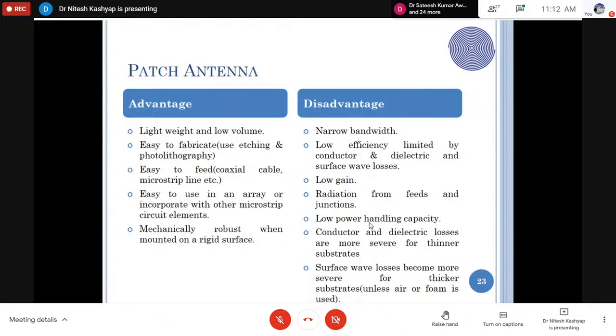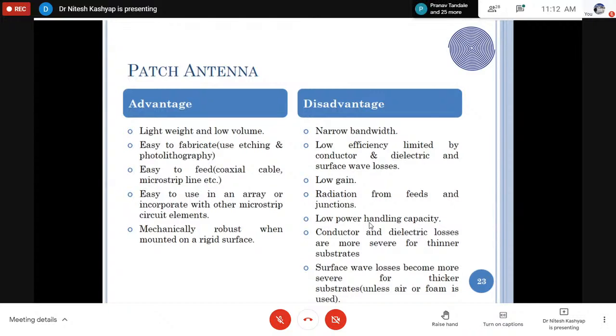It has low power handling capacity, because if we feed this antenna with high power, it may be burned, because it is a microstrip antenna mounted over a dielectric material, and it is not thermally stable.